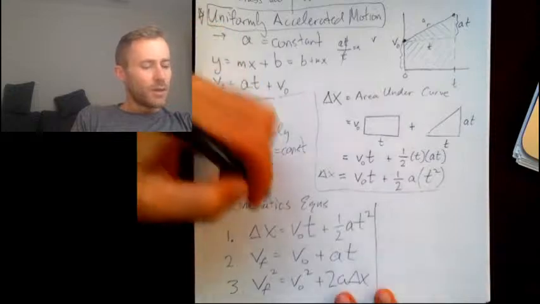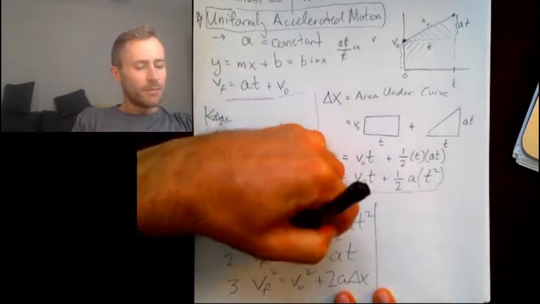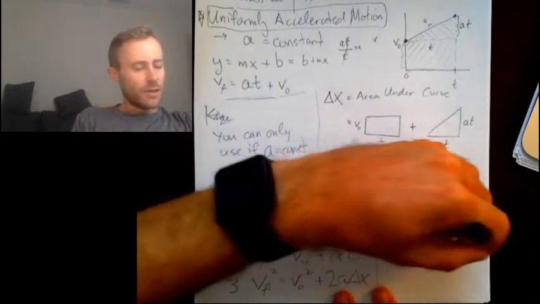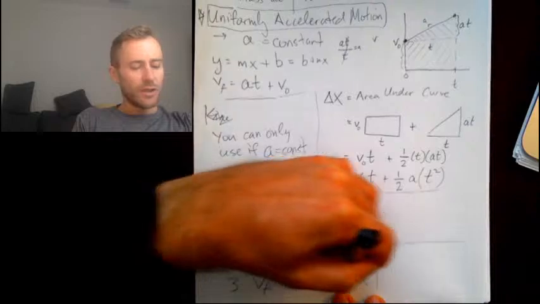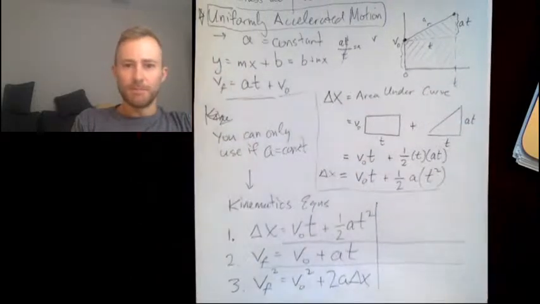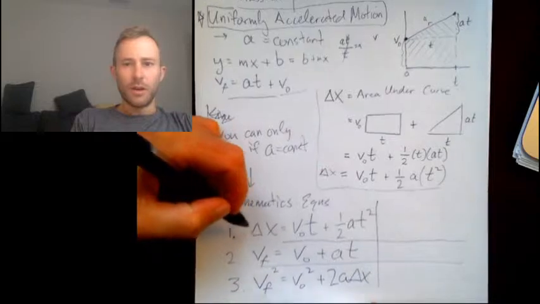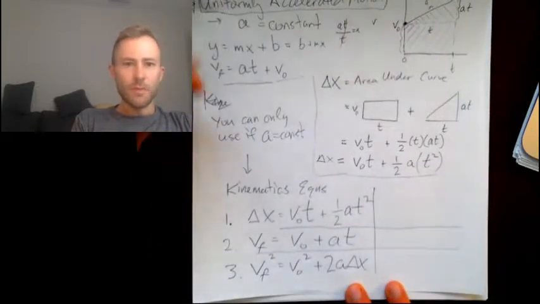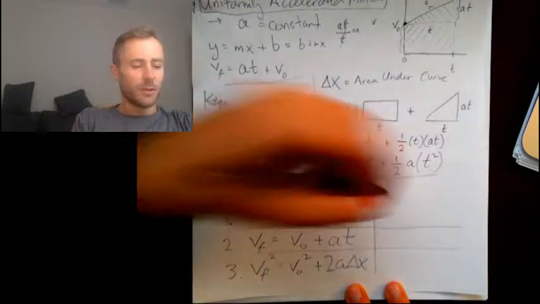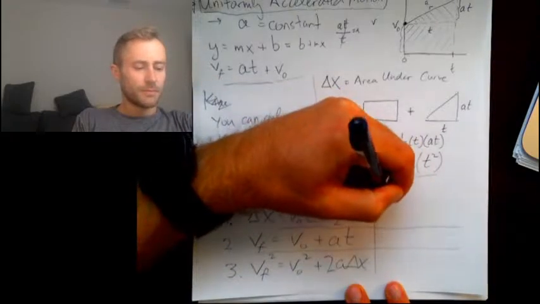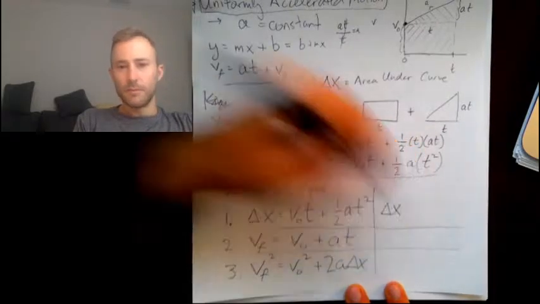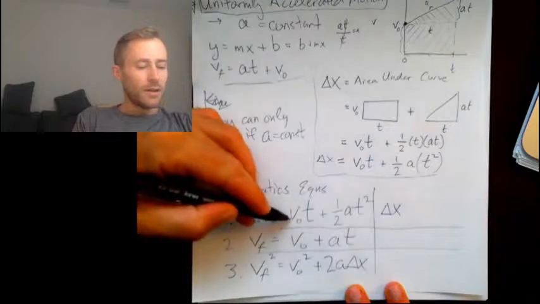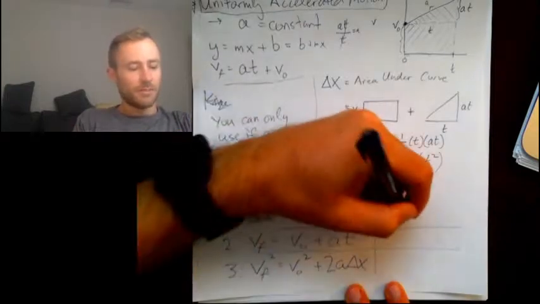Okay. One thing I want to point out is that each of these equations has 4 variables in it. 4 distinct variables. This first equation has displacement. It has initial velocity.